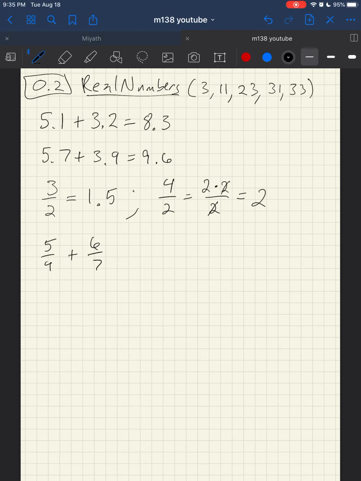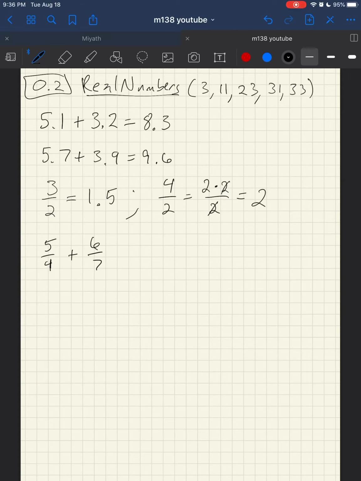How do we add fractions here? Well, we would get into a little bit of number theory and say we're going to look for the common denominator of quarters and sevenths. That's going to be the least common multiple of 4 and 7. So what's the least common multiple of 4 and 7?